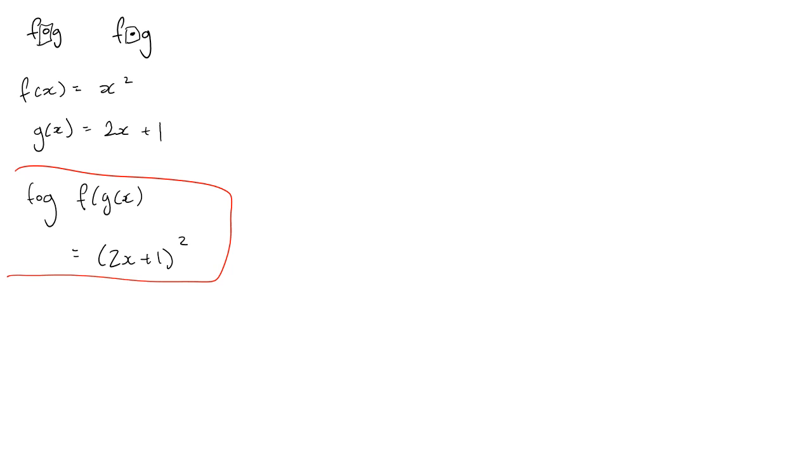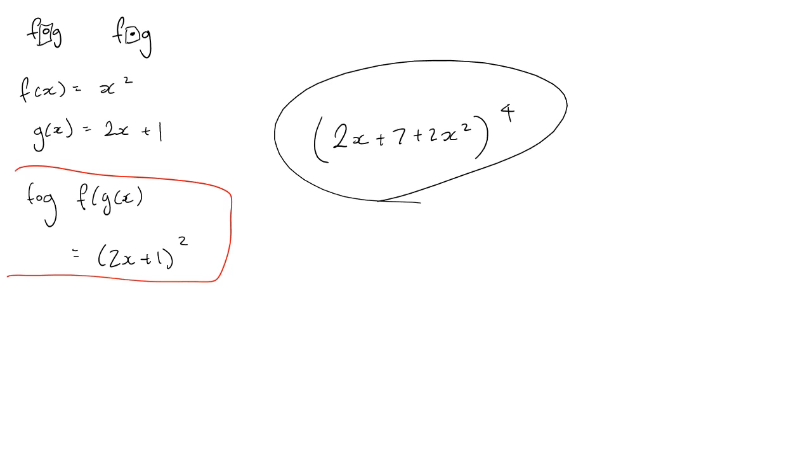More complex examples would be like (2x plus 7 plus 2x squared) to the power of, let's say, 4. That would be another composite function. Now, we previously learned that the derivative of a function is dy on dx, and this is pretty simple using the rule for differentiation.